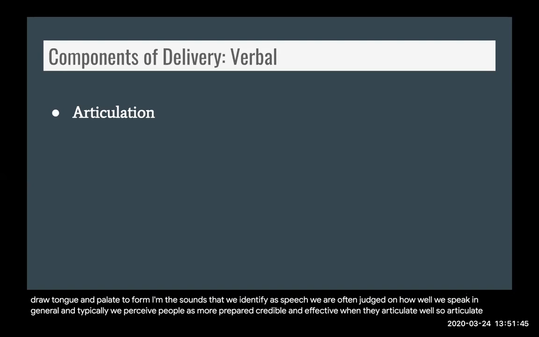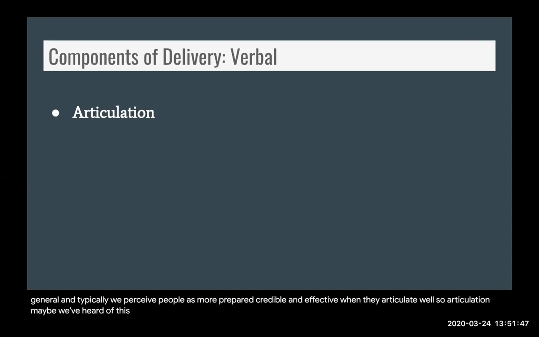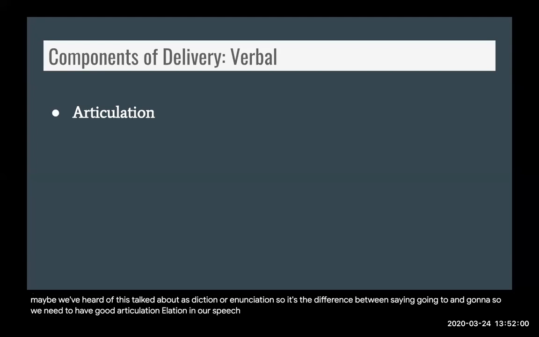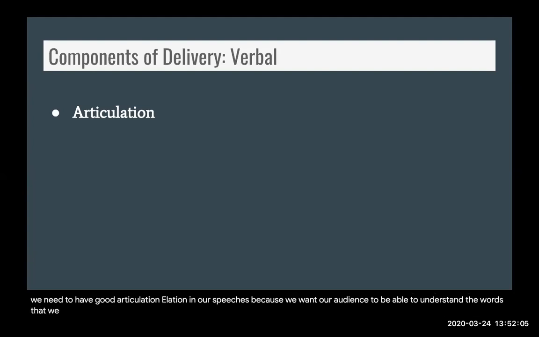So articulation, maybe we've heard of this talked about as diction or enunciation. So it's the difference between saying "going to" and "gonna." So we need to have good articulation in our speeches because we want our audience to be able to understand the words that we are saying.